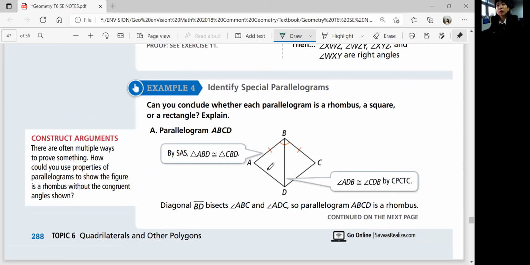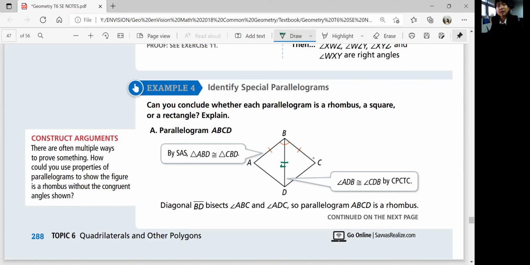First, you want to prove that the triangles are congruent by SAS. This side and that side are congruent, and BD is congruent to itself. So by SAS, the triangles ABD and CBD are congruent.